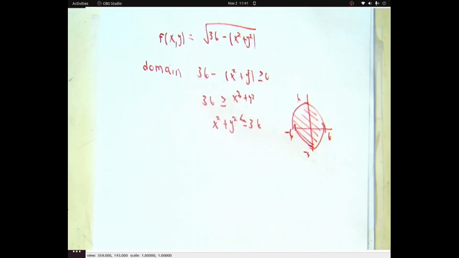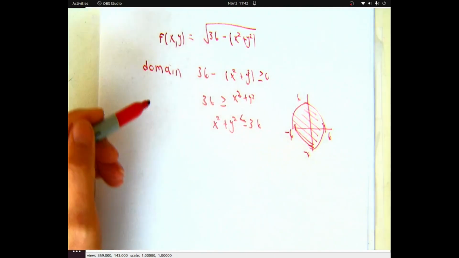For the function f of x and y equals the square root of 36 minus quantity x squared plus y squared, you can feed any point (x, y) you like into that as long as the quantity underneath the radical is 0 or bigger. If 36 minus quantity x squared plus y squared were negative, you would be trying to calculate the square root of a negative number, which in our course is not allowed.